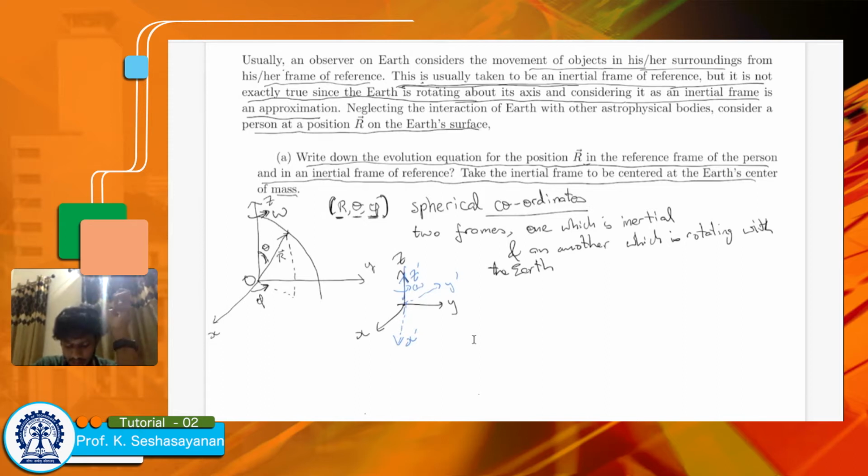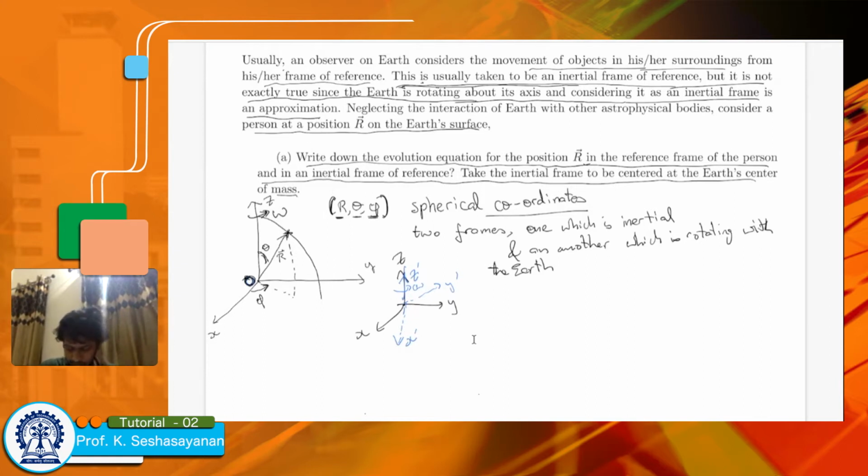It's observing this position r vector, and for simplicity, let's say he takes the origin from which he measures to be O, and the person who's in the reference frame of the rotating frame, so is in rotation with the Earth. So that is the non-inertial frame or non-inertial observer. Let's say that person also takes the origin to be O. So everyone is measuring from O.